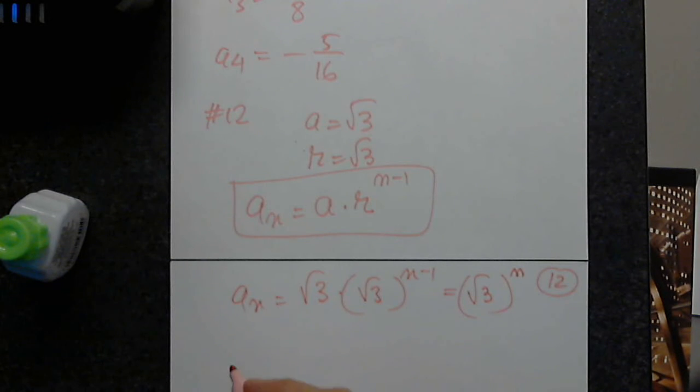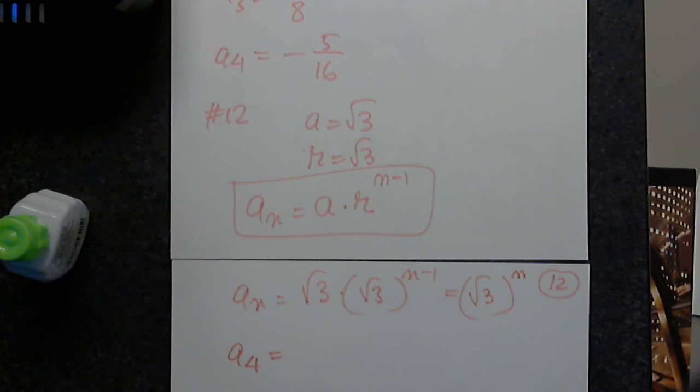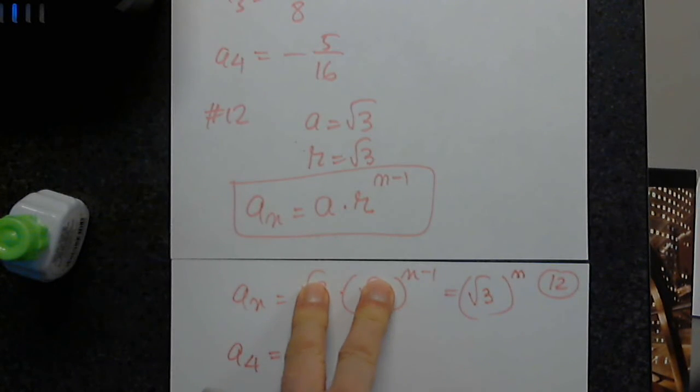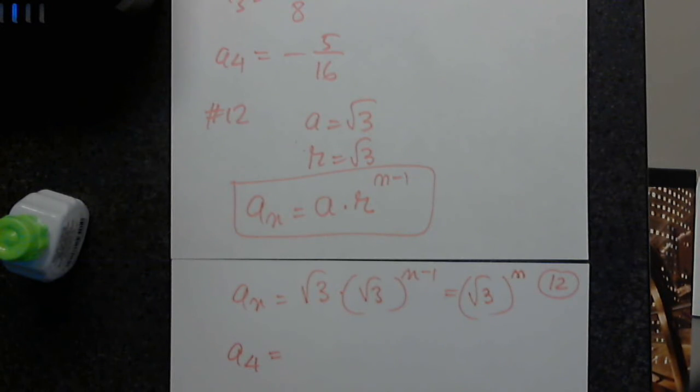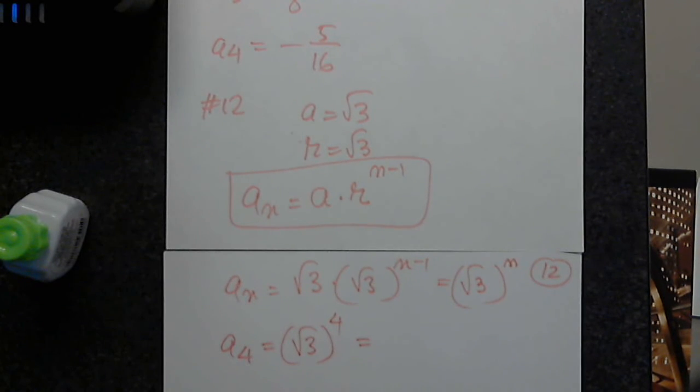Now if I want to determine A4, copy the base, add the exponents, n minus 1 plus 1 is n. So A4 will be the square root of 3 to the 4th power, which is 9.